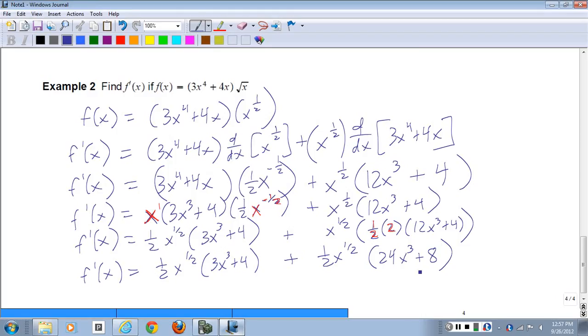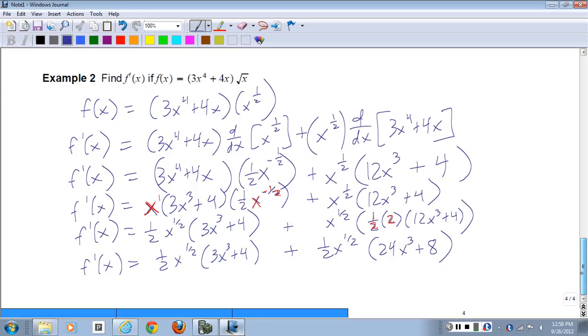The 1/2 comes outside, 2 gets distributed across the parentheses. So f prime of x is equal to 1/2 x to the 1/2 times 3x cubed plus 4 plus 24x cubed plus 8.